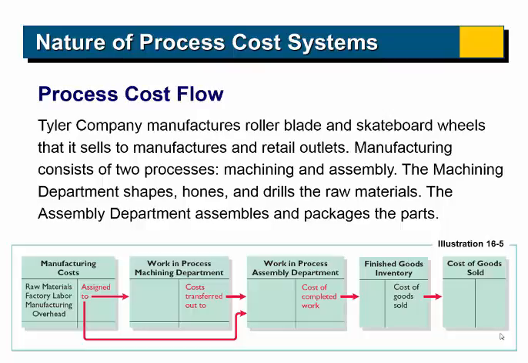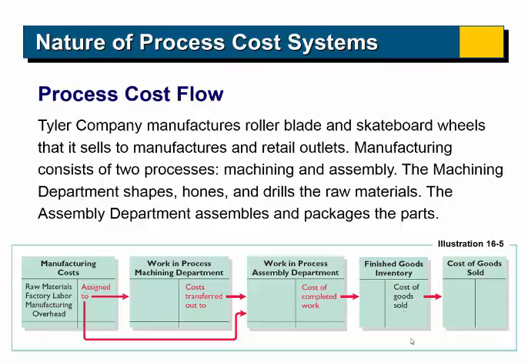And then once they have sent that on to the assembly department, which is another work in process department, then the assembly people, we're going to have their labor, and we're going to have the packaging cost, the materials cost for the packaging of the parts, as well as their allocated amount of the manufacturing overhead.